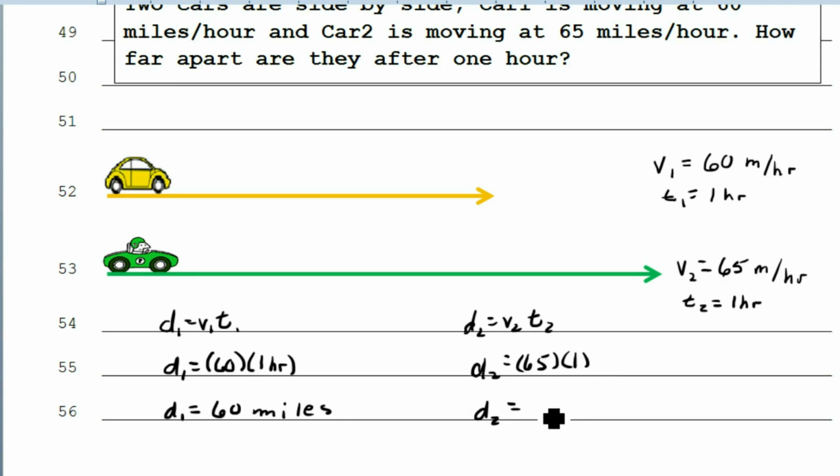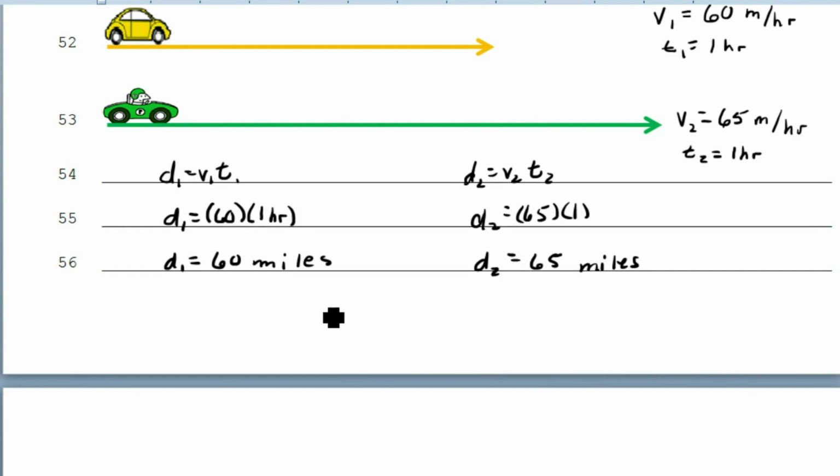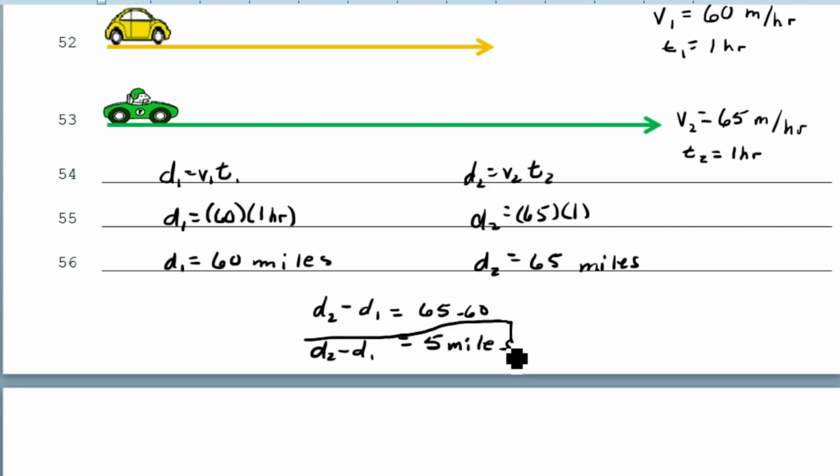Distance for car 2 is 65 miles. The slower car, car 1, so distance apart is D2 minus D1, and that's 65 minus 60, and that equals 5 miles. Yeah, that's our answer there.